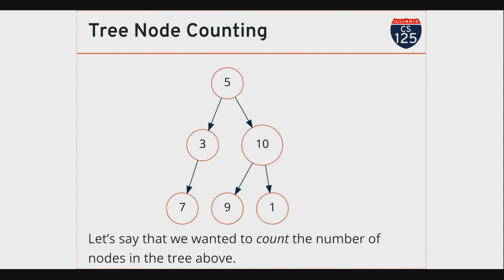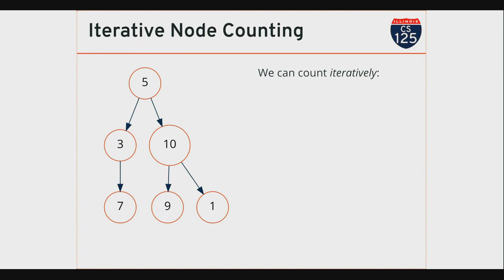Okay, so let's talk about counting. One of the most basic things that I probably want to be able to do with the tree is to determine how many nodes the tree has. I want to count the number of nodes in the tree. If I was approaching this problem iteratively, I would have to find a way to visit every node in the tree.